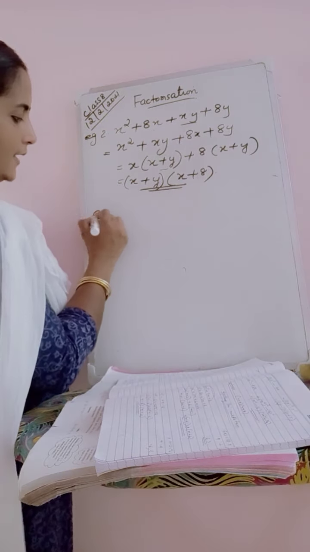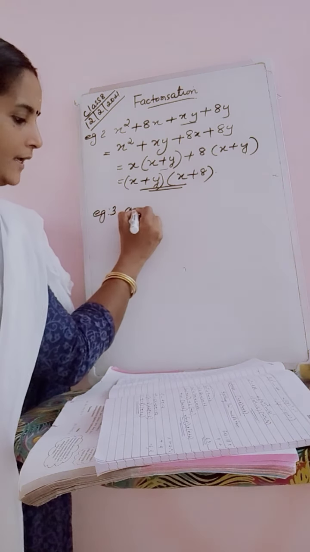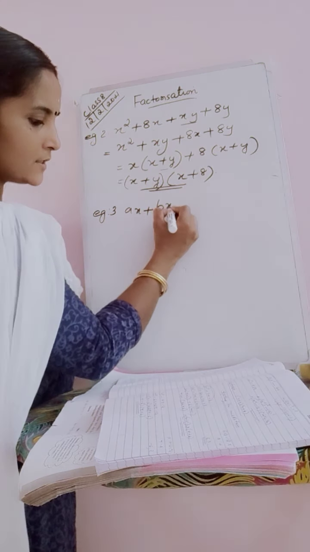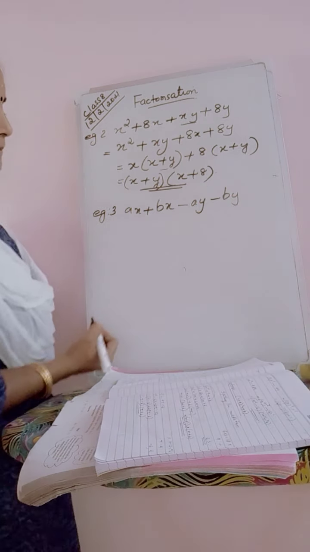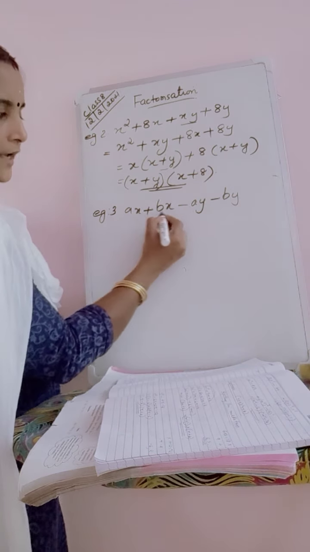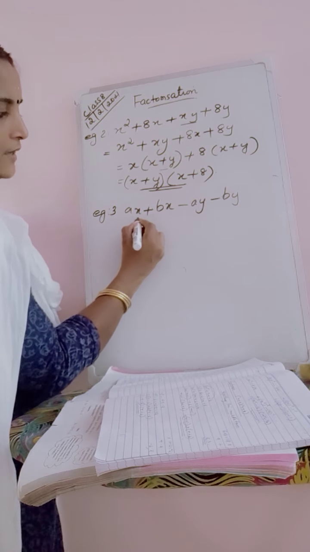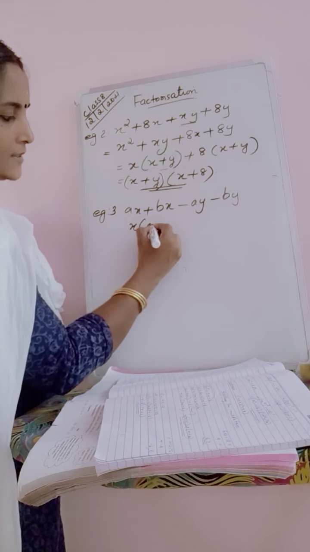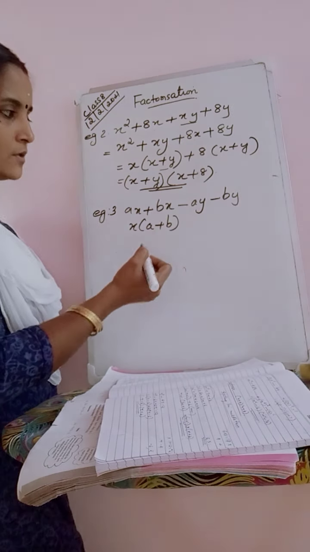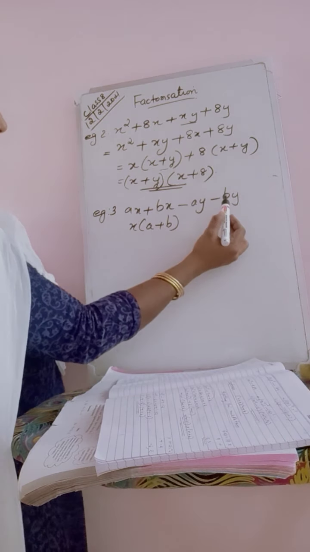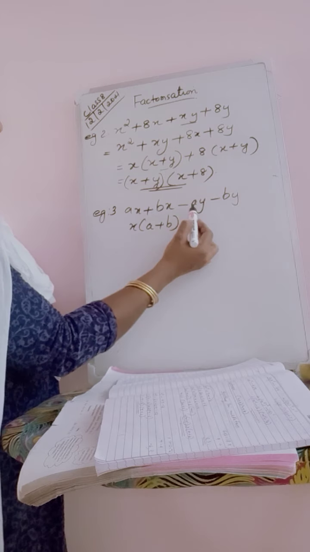Another one, example 3, ax plus bx minus ay minus by. Here ax and bx, we can write x outside, x into, no need of regrouping, or we can regroup also because we have ax and ay, we can take a outside.